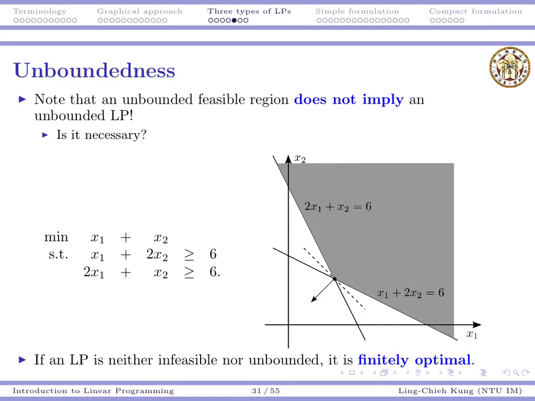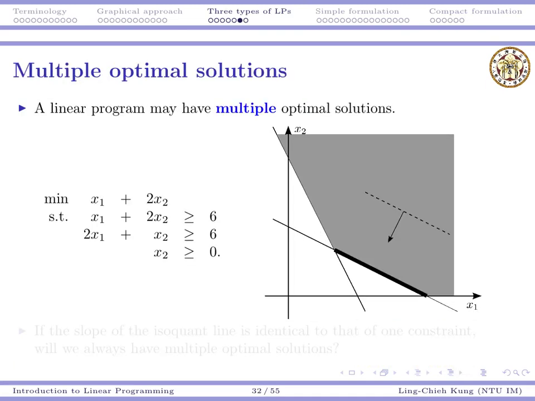If a linear program is neither infeasible nor unbounded, we say it is finitely optimal. It is not infeasible, so there are some feasible solutions, and it is not unbounded, so there is at least one optimal solution, and that's why we call it finitely optimal. It's possible that there are multiple optimal solutions. For example, in this particular example, we can see that all the points on this line segment are optimal.